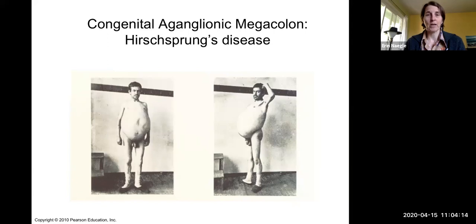It's also known as Hirschsprung's disease. And this is the picture of the man who had that colon that got to be 30 inches in diameter. He lived around the 1800s, and sadly died shortly after these pictures because of complications of this. It had been months since he had been able to defecate before these pictures were taken.